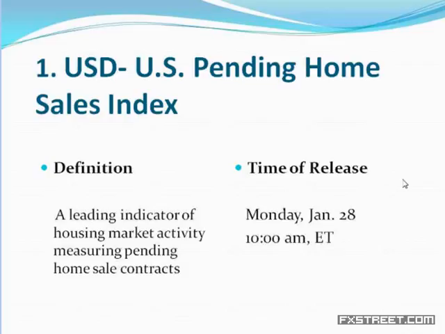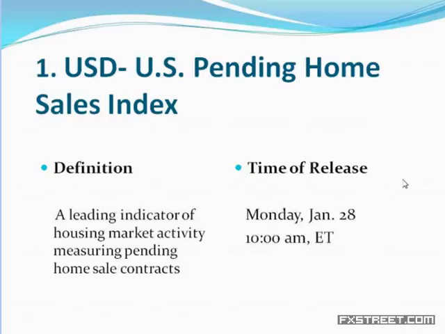Is that improvement going to continue? Well, the consensus forecasts are expecting another month of increase in pending home sales, which is, of course, a leading indicator of housing market activity because it only measures contracts that have been signed to purchase a home, not closed home contracts.